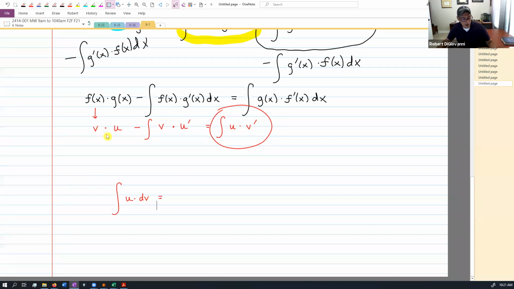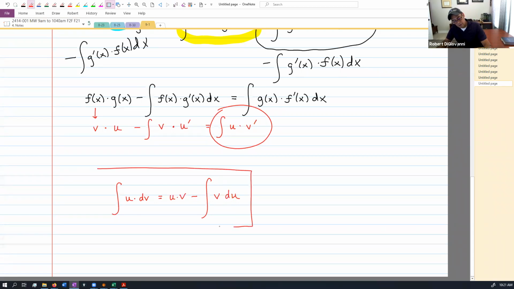Equals, now the left side, you see how we have v times u? I'm going to write it backwards, u times v. And then minus the integral, and this one I'm going to write v, and instead of u prime, I'm going to write du. So dv stands for the derivative of the v function, du stands for the derivative of the u function, and u and v are just those two functions respectively.